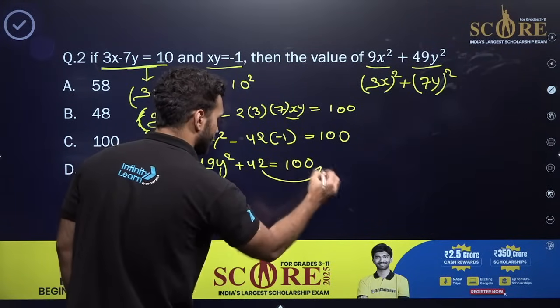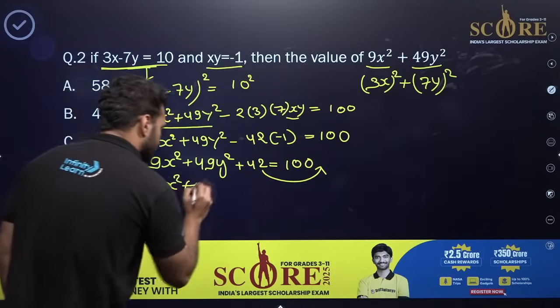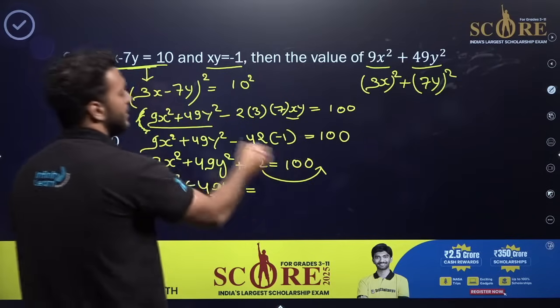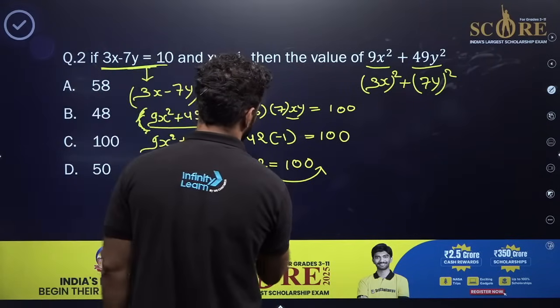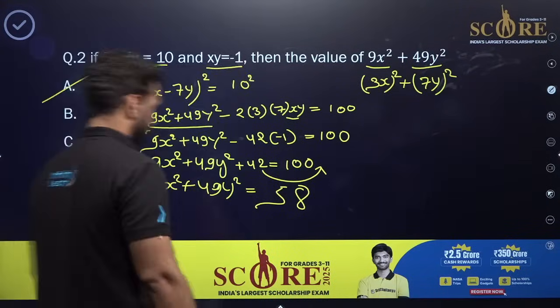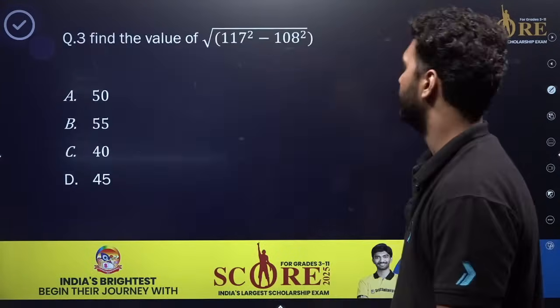Now put this 42 here. What will I get? 9x square plus 49y square is equal to 100 minus 42, which is 58. The answer will be 58. Is it clear, students? Okay, next.